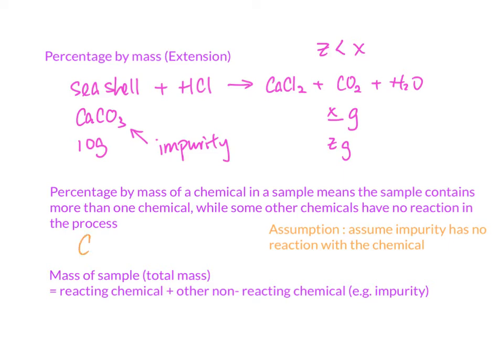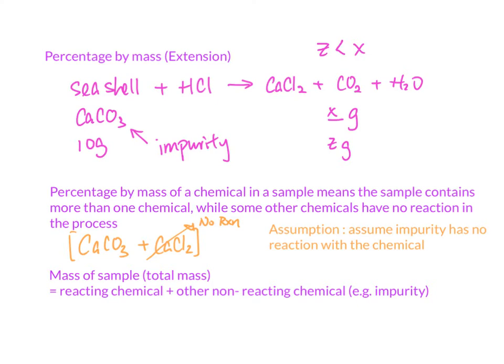However, if it has calcium carbonate together with, for example, calcium chloride inside the seashell, then the calcium chloride will have no reaction with the hydrochloric acid. So in this process, you will find that even with 10 gram of seashells, only part of them will react to give the carbon dioxide.